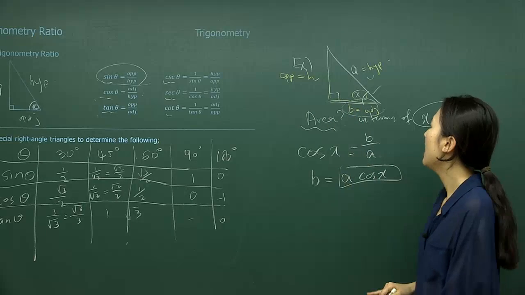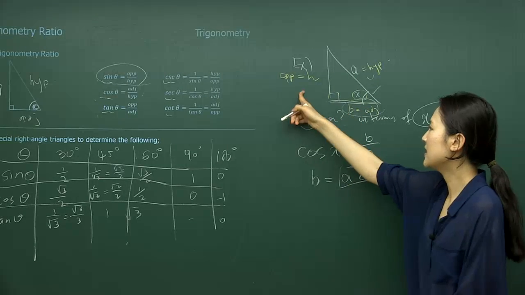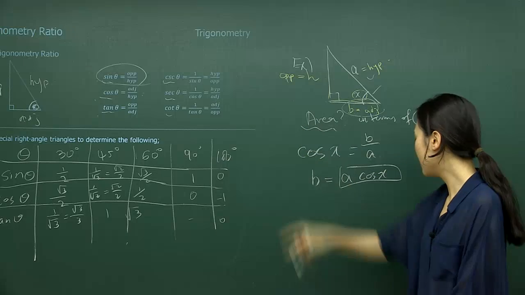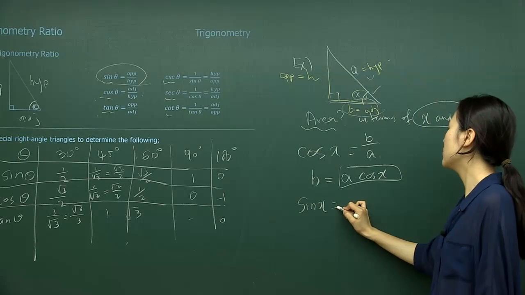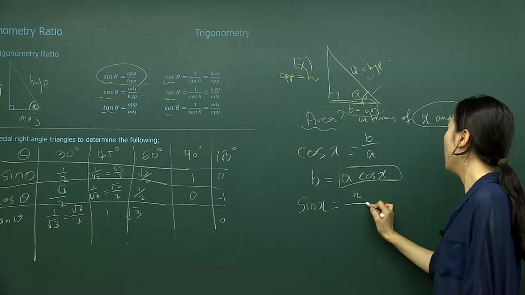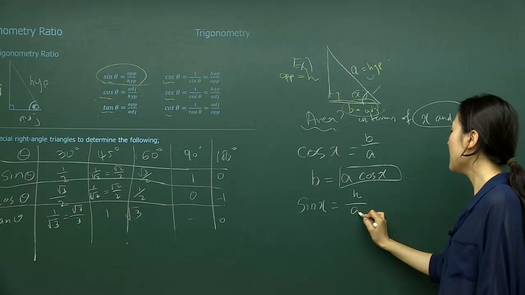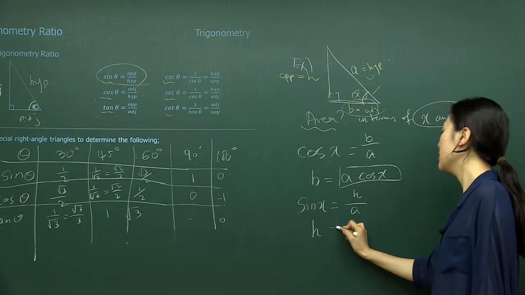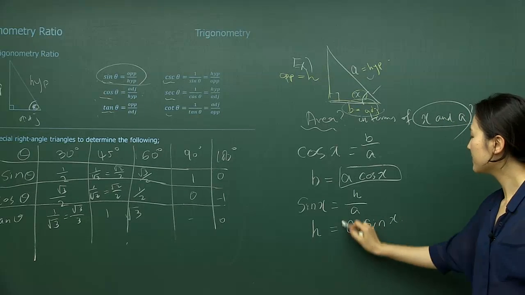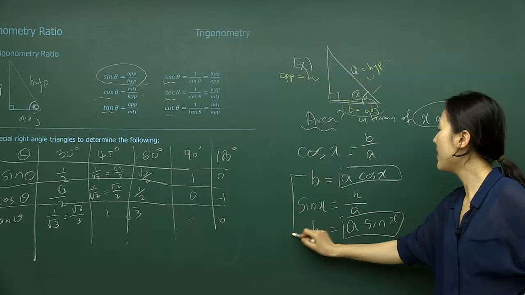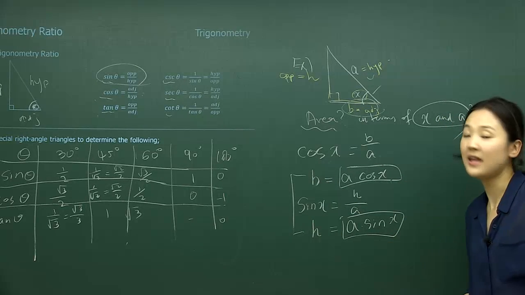What about the height? That's opposite, so we are using the very first ratio. Sine of the angle is supposed to be the opposite over hypotenuse, right? So your height should equal a times sine of x. Hey, we got the base and the height in terms of a and x.